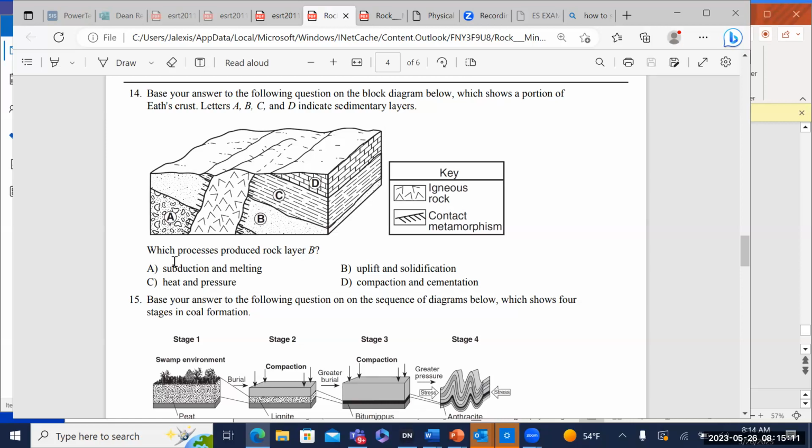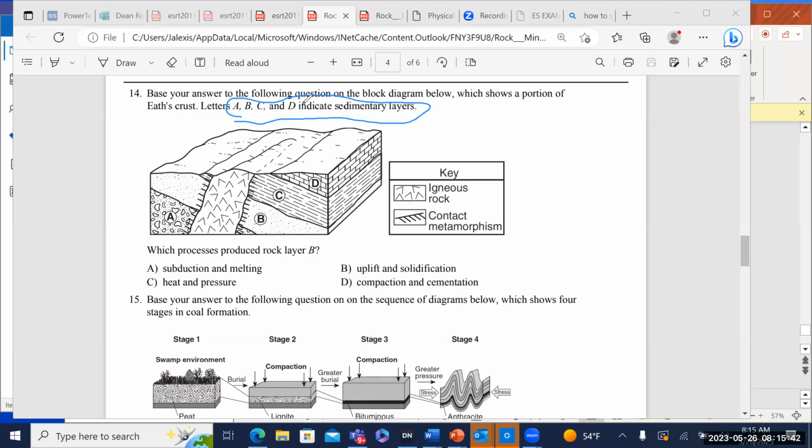So it says, which process produced rock layer B? So what is rock layer B? According to the reading, which is why we have to make sure to read, it says the letters A, B, and C indicate sedimentary layers. So that means that I have to pick a process that creates sedimentary rock, because B is a sedimentary layer.